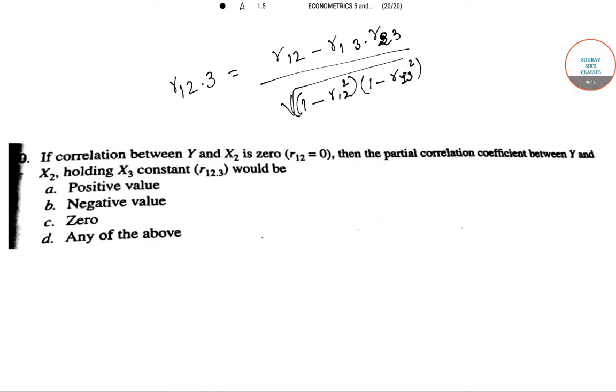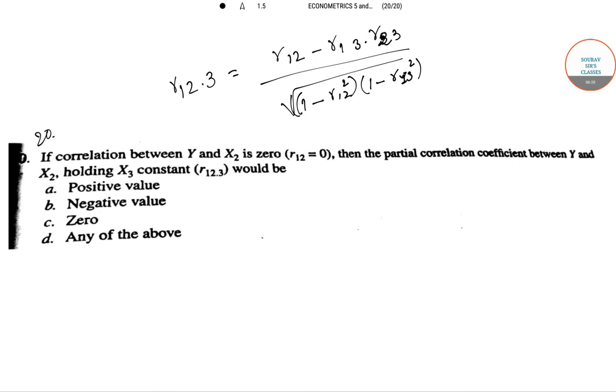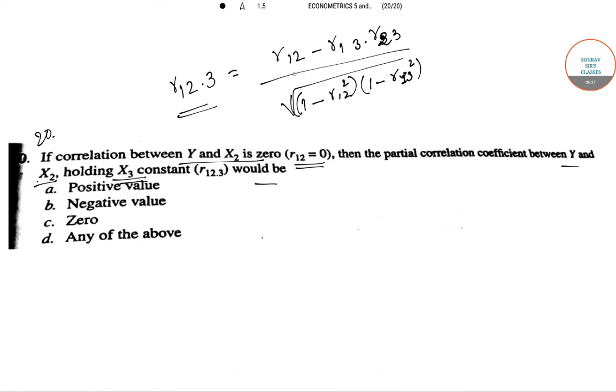Now, coming back to the last question, which is question number 20. It says if the correlation between y and x2 is 0, that is R12 is 0, then the partial correlation coefficient between y and x2 holding x3 constant would be what? Positive, negative, 0, or any of the above. The formula of the partial correlation coefficient is R12 minus R13 times R23, divided by the root of 1 minus R13 square and 1 minus R23 square.